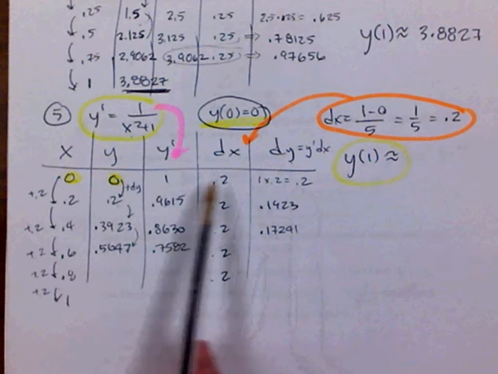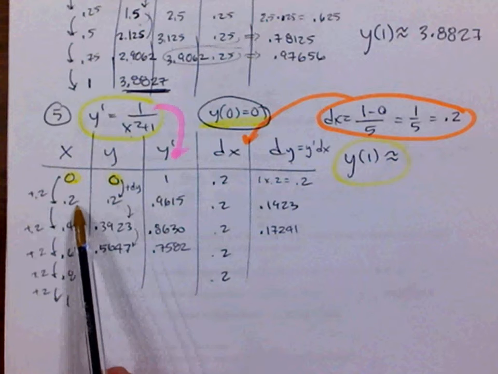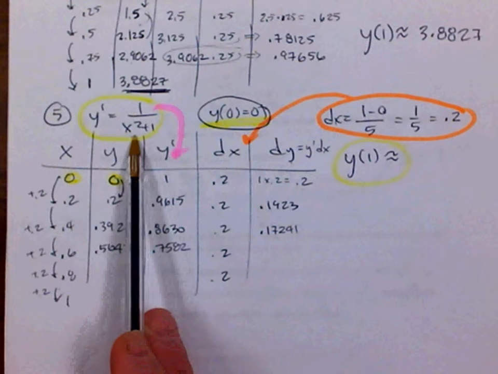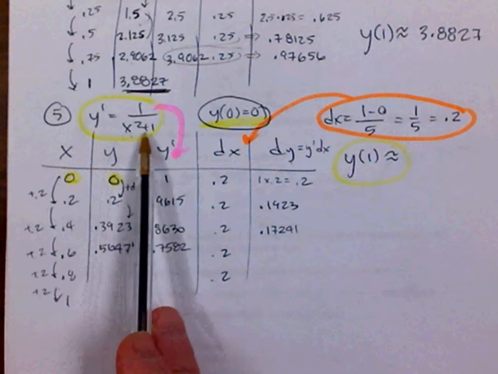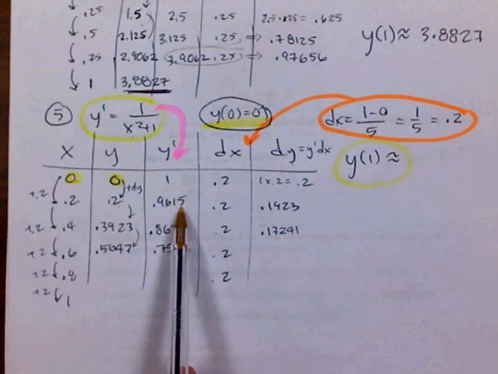When we added the 0.2 to 0, we got 0.2. Then we put this 0.2 into our equation, the x value, squared it, added 1, took the reciprocal, and got 0.9615.